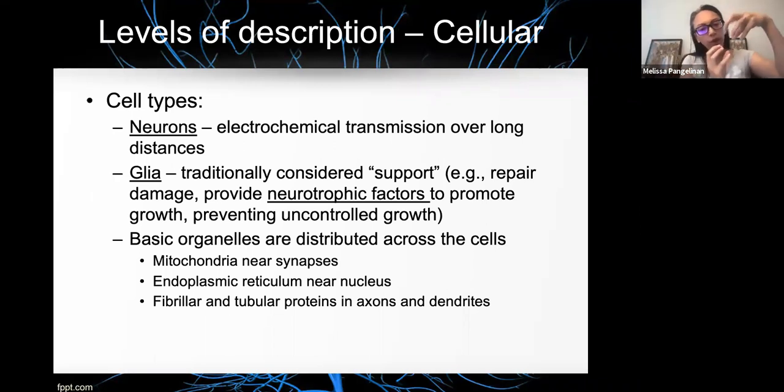And that's really important for helping to build those connections between dendrites and axons. So it's really important for those building block proteins to be near those areas that might require a little bit more scaffolding.